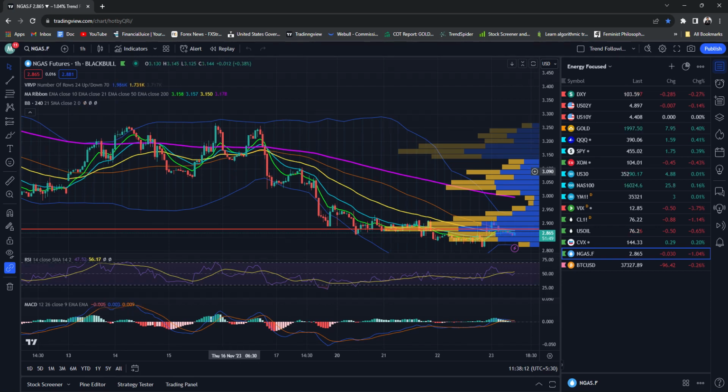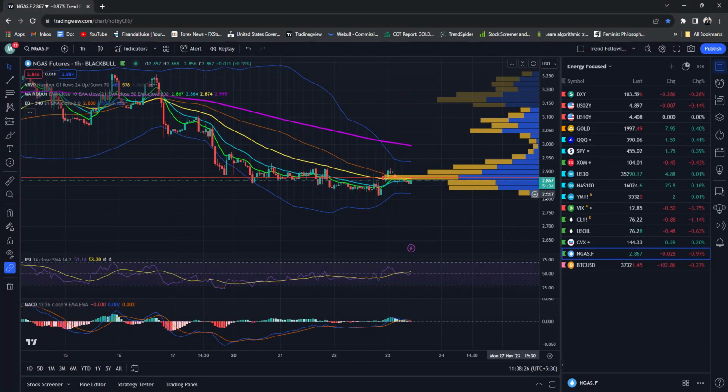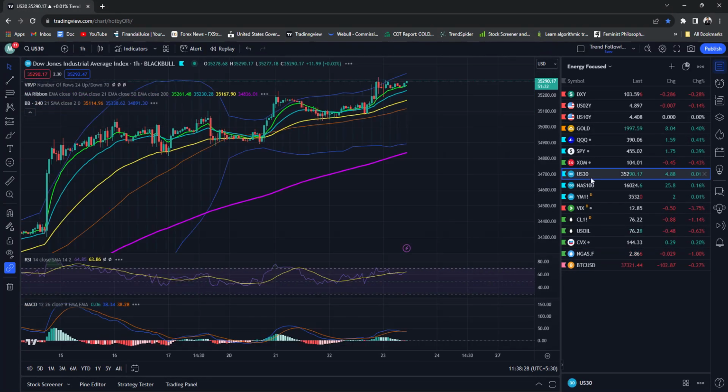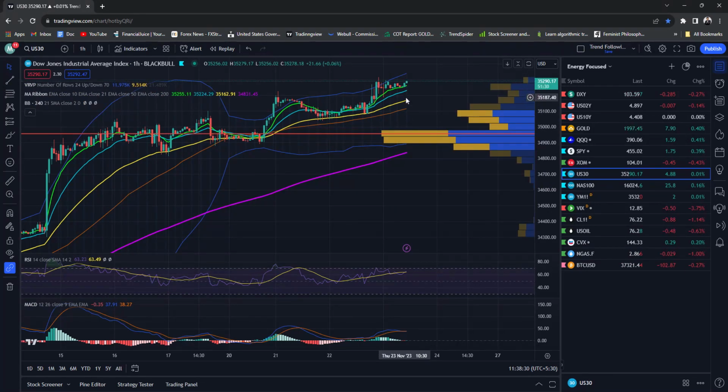The normal setup for a bullish moving average trend is that the 10 should be above the 21, the 21 should be above the 50, the 50 should be above the 200, and so on. Like we are seeing in something like US 30, everything is orderly arranged.